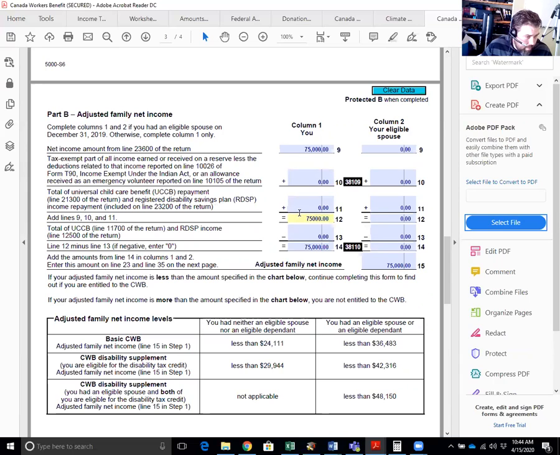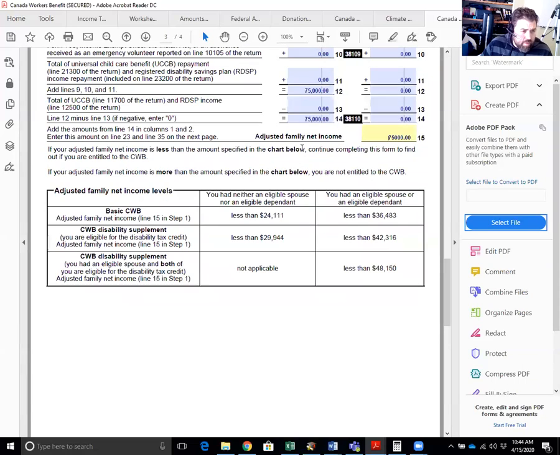And then we end up with 75,000. Total universal child care benefit income, we can take that out, and then we net all those amounts to 75,000, and our spouse has zeros for all those amounts. So our adjusted family net income is 75,000.